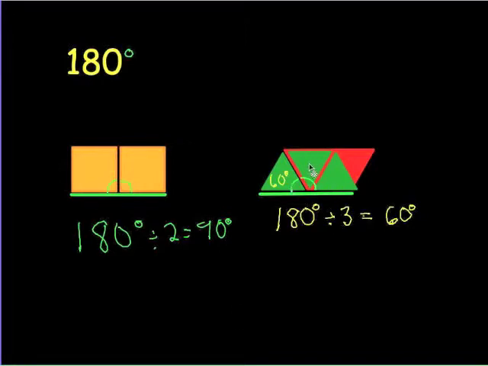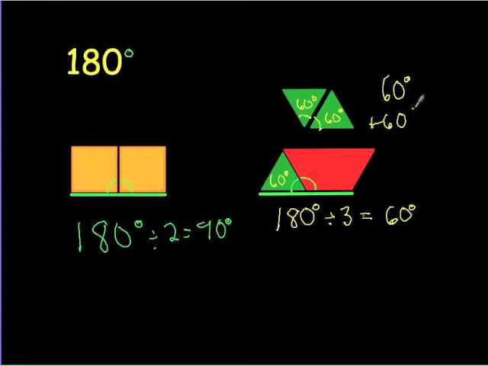So to figure that out, let's move these triangles. We know that these triangles make up this area here. So the measure of this angle is 60 degrees, and the measure of this angle is 60 degrees. If we put those two together, 60 degrees plus 60 degrees is 120 degrees.